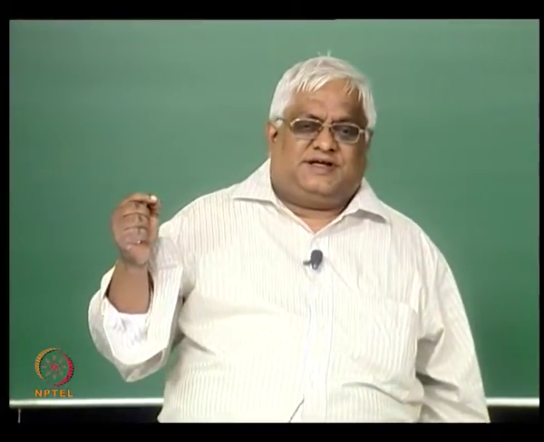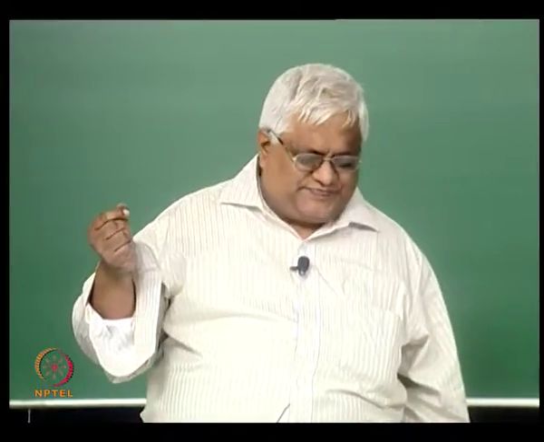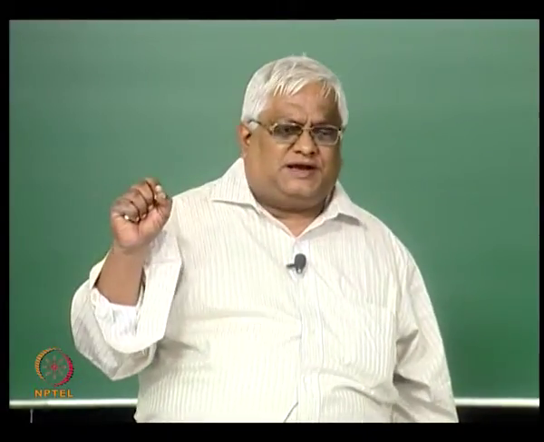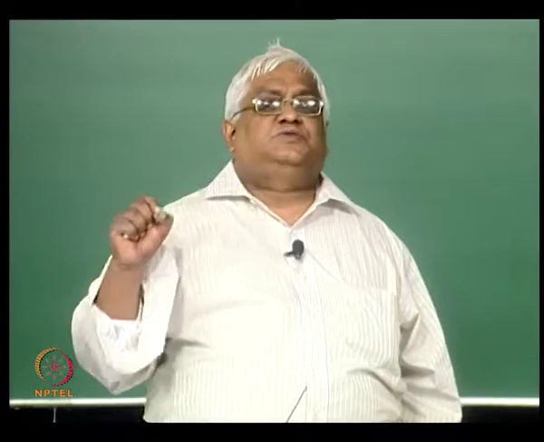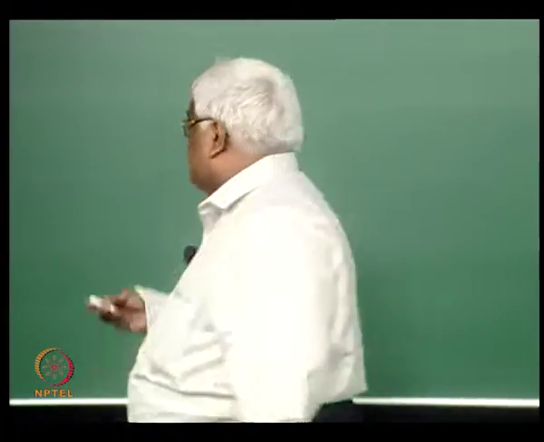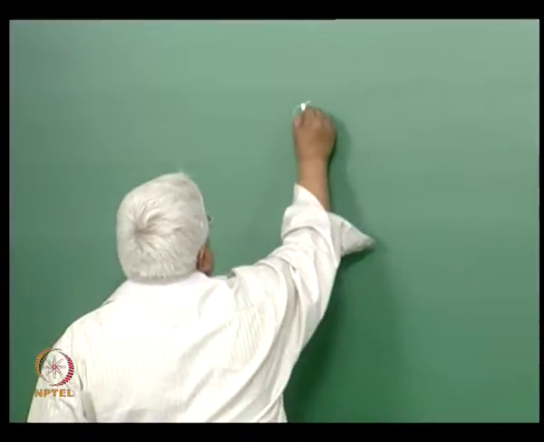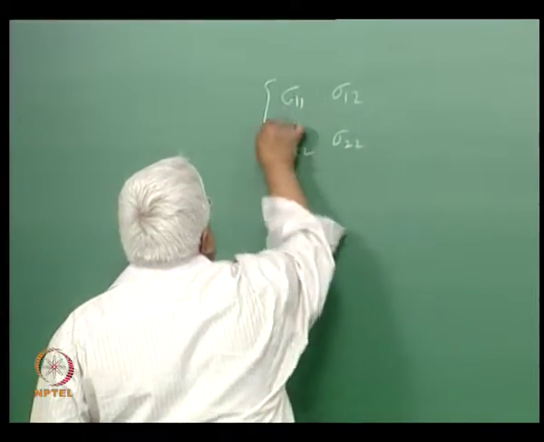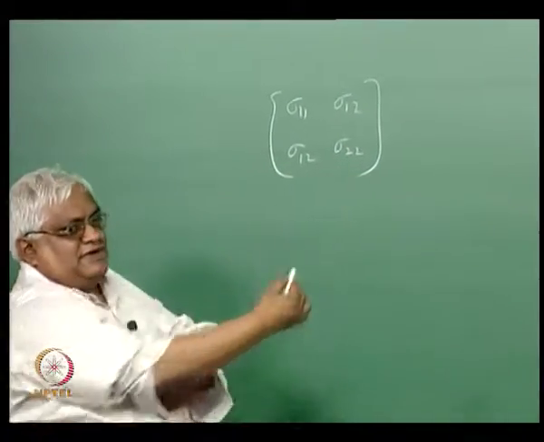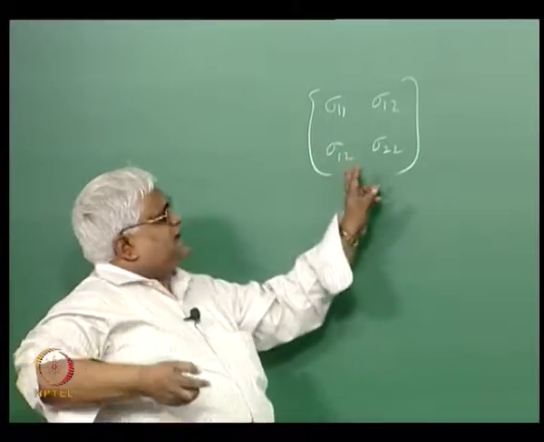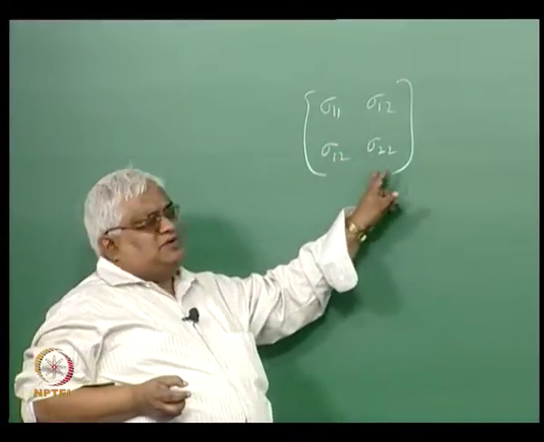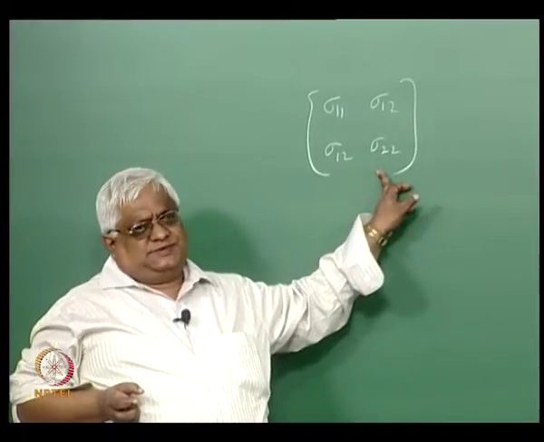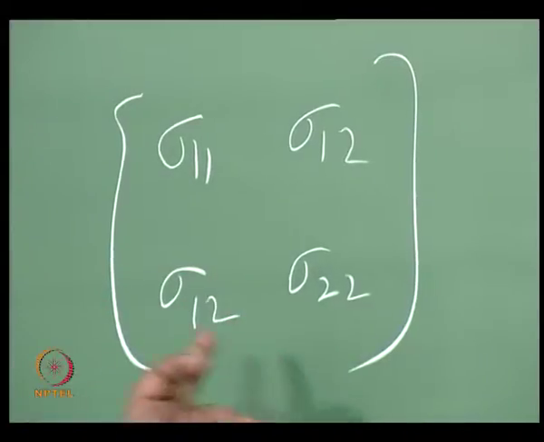For those two variables under consideration, you please look at the covariance matrix for these two variables. The covariance matrix would look like sigma 1 1, sigma 1 2, sigma 1 2 and sigma 2 2. Now, find eigenvalues and eigenvectors of this matrix.